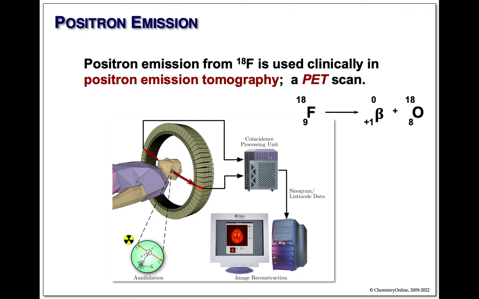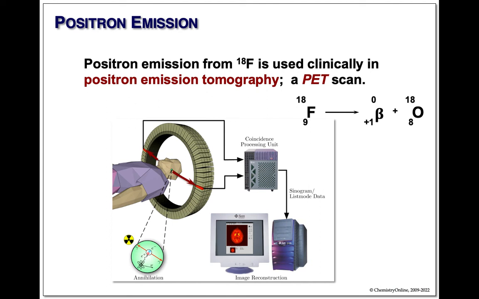So what you do in tomography is you take glucose usually, label it with fluorine-18. That's a positron emitter. When this emits its positron, it will instantly hit an electron, and as it does, you get gamma rays.